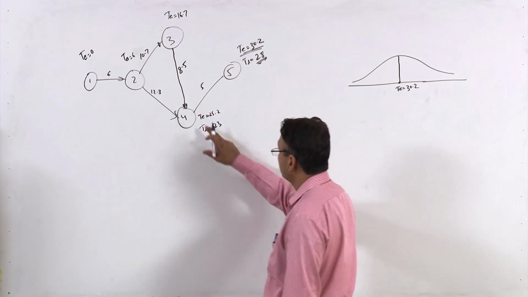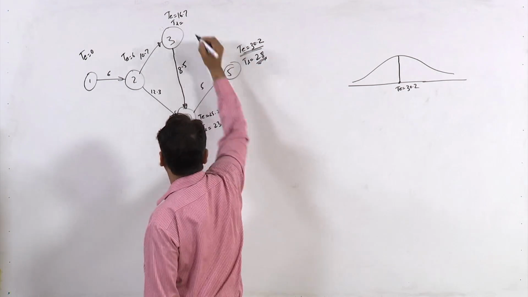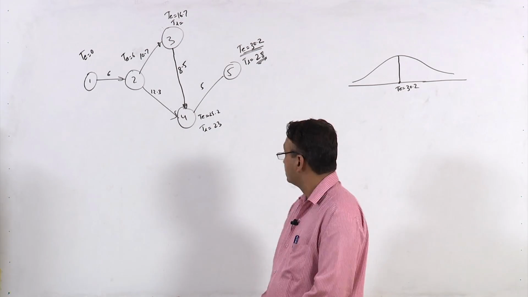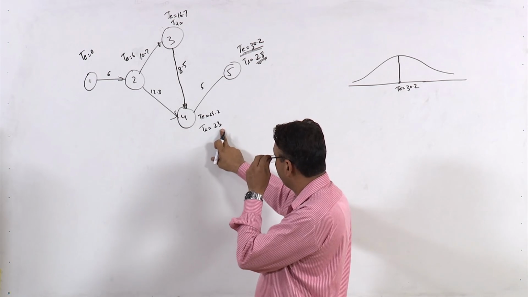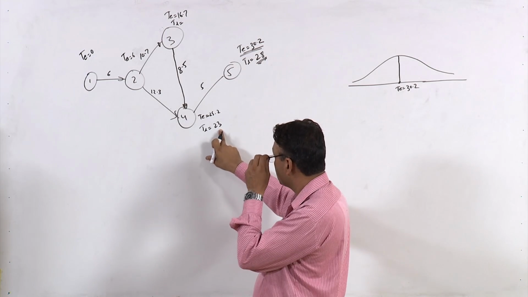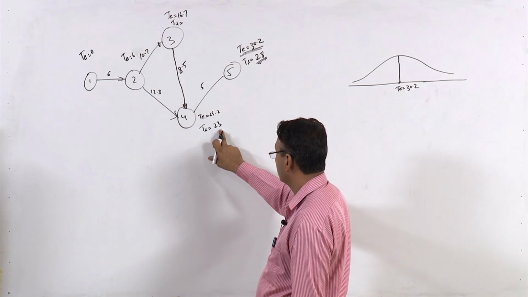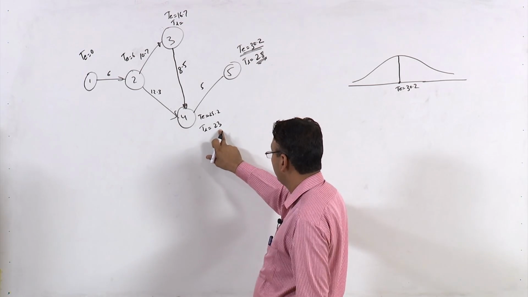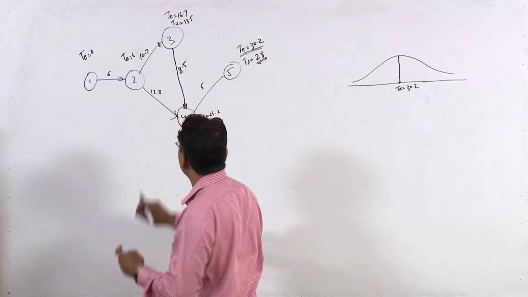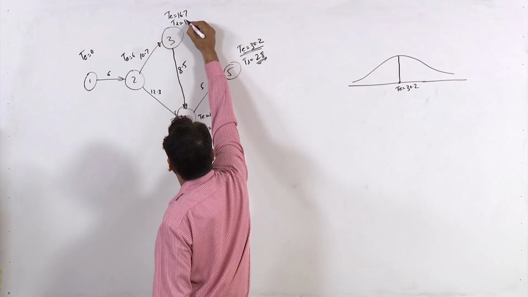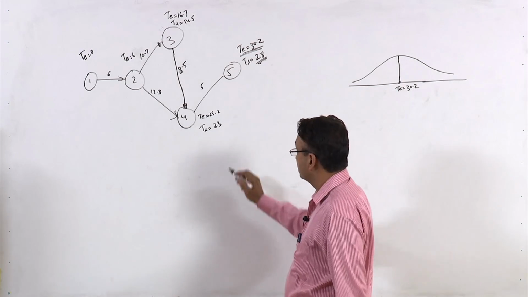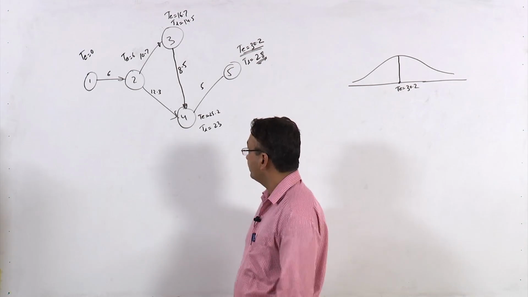Then TL at this point would be 23 minus 8.5, so this would be 14.5. So this 15 plus 8, 23. TL at this node is 14.5.